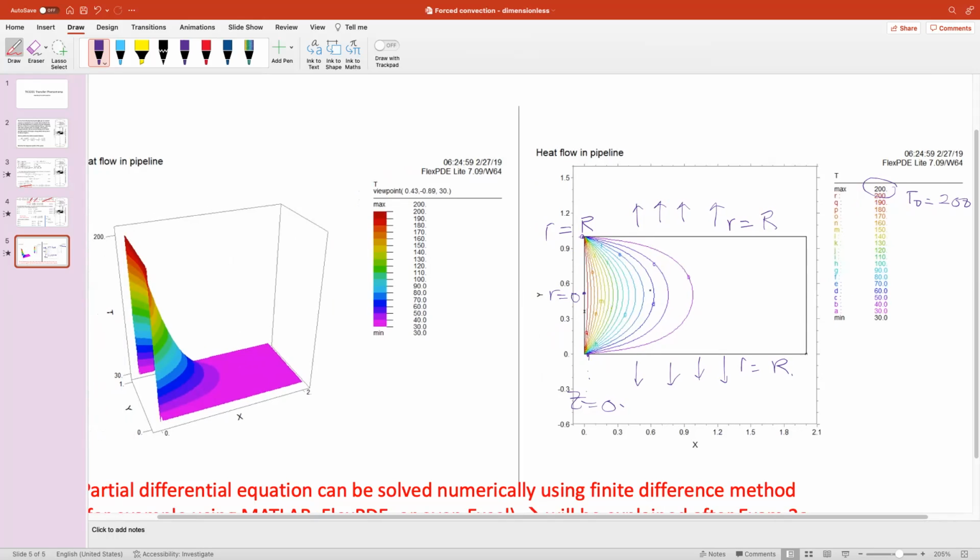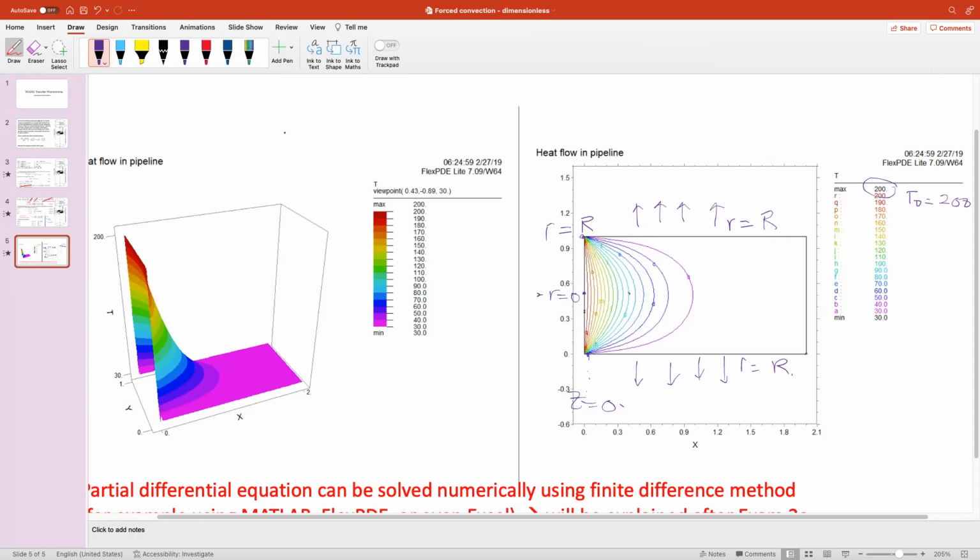We read the temperature by the color. So for example, what is the temperature at this distance on the center point? This would be light blue, so maybe around 90 points, for example. Okay, so that is our finished dimension.